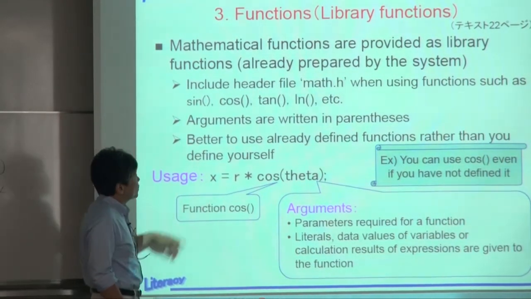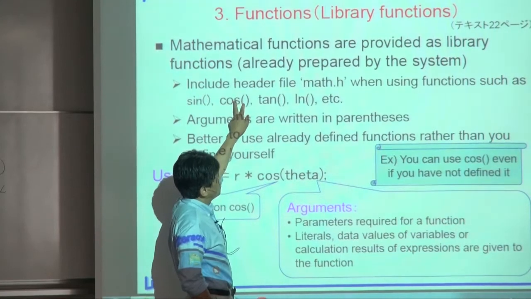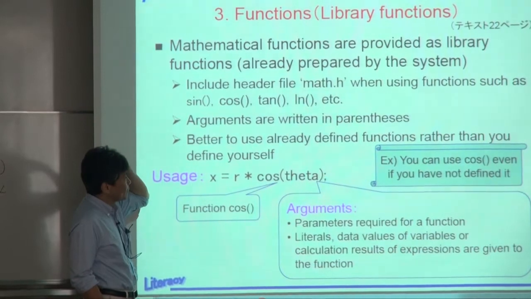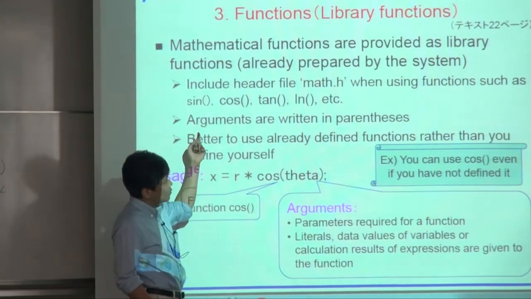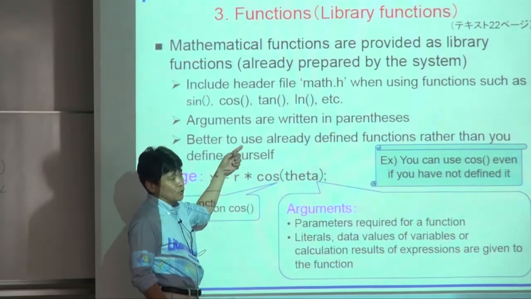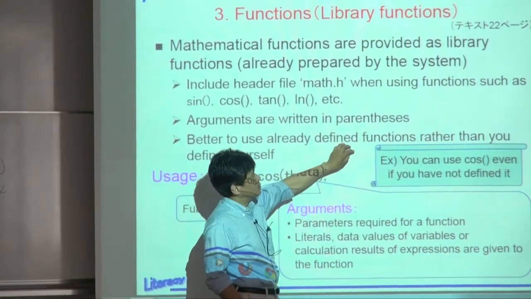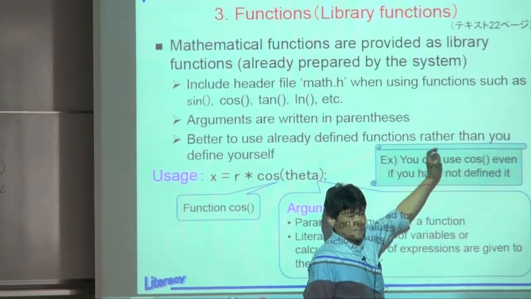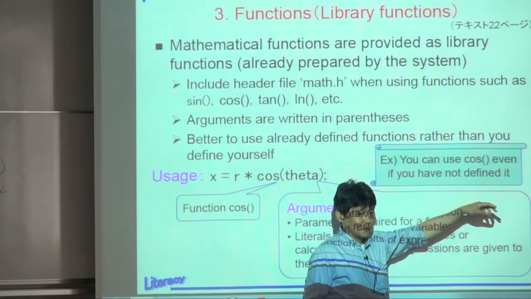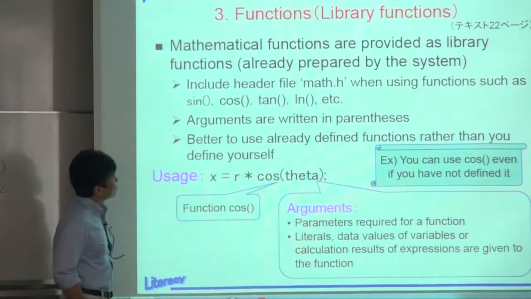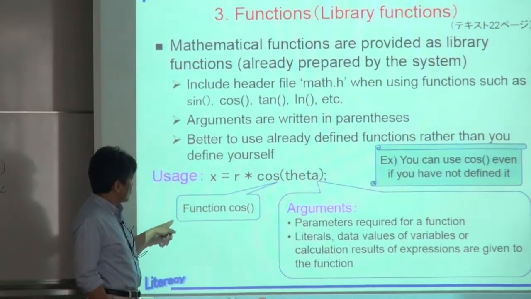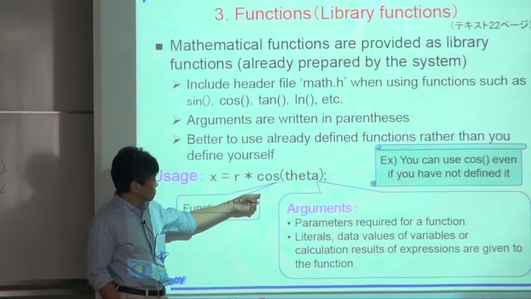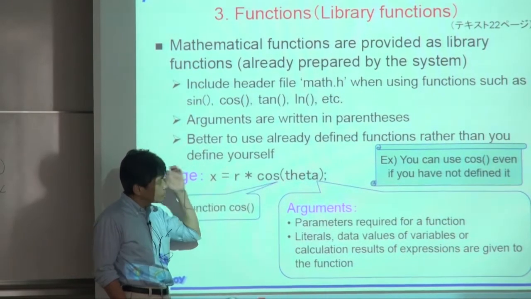Okay, so arguments are written in parentheses. As I already explained, it's better to use already defined functions like library functions rather than defining them yourself. So this is some usage of a library function, the cosine function.